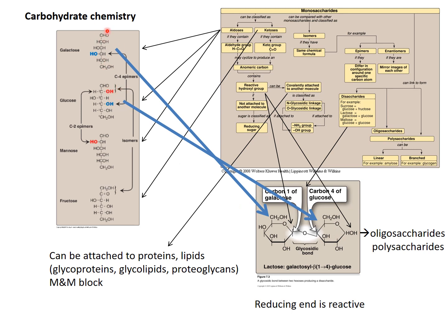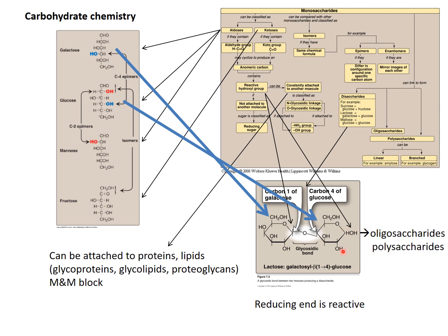Now, the remnant of the ring formation will be a reactive hydroxyl group, and this we also call the reducing end of the sugar, of the monosaccharide. This will react with a hydroxyl group of another sugar, so we will form disaccharides, oligosaccharides, and polysaccharides.